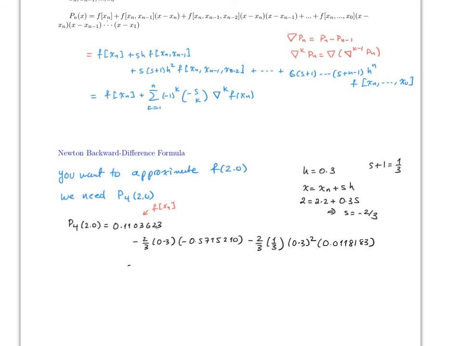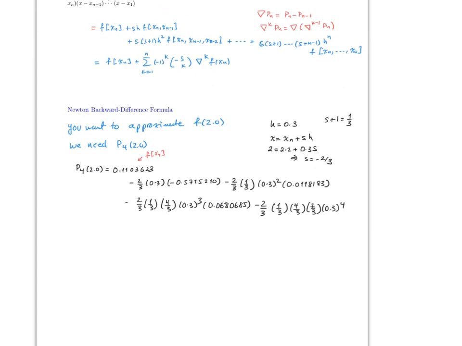and so forth. Then it will be minus 2/3 times 1/3 times 4/3 times 0.3 cubed, and then the next value on the table, which is 0.0685, and then finally negative 2/3 times 1/3 times 4/3, and then the last one will be 7/3 times 0.3 to the 4th power times the last value, which is 0.0018251.